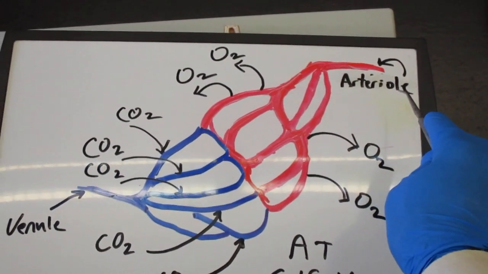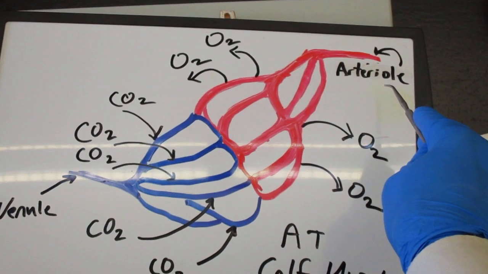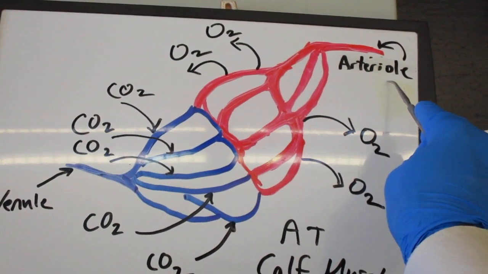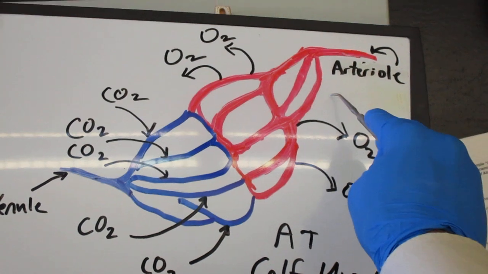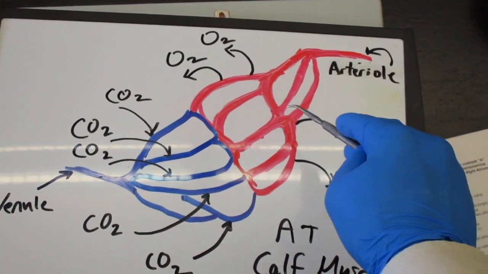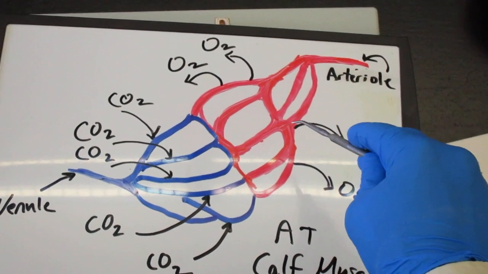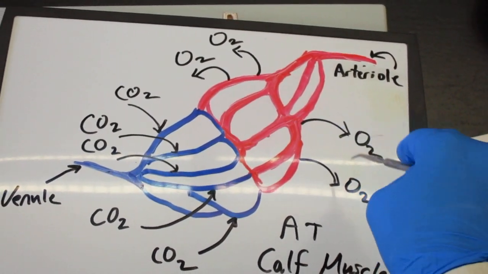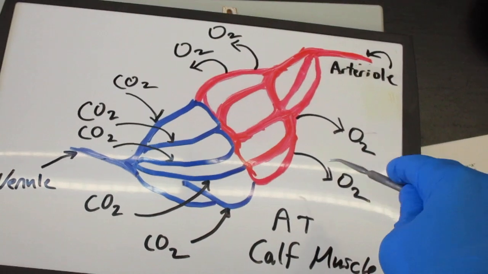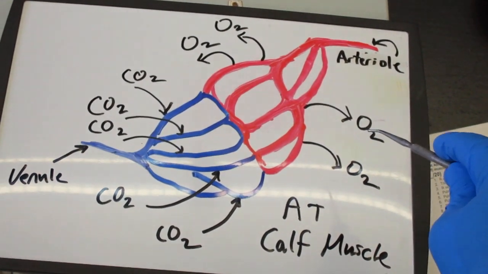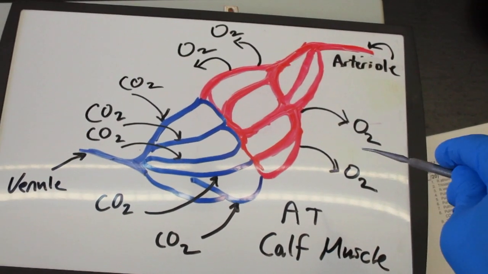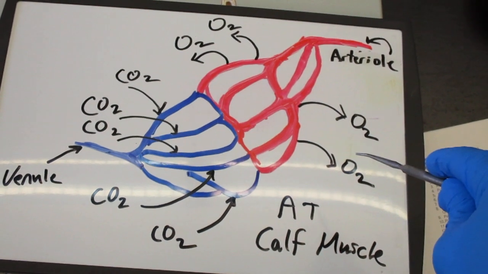An arteriole of the calf muscle, or the gastrocnemius muscle, is carrying oxygenated blood, as you see here. And we can see that the oxygen is given up right here to the tissues, so that they can carry on cellular respiration.